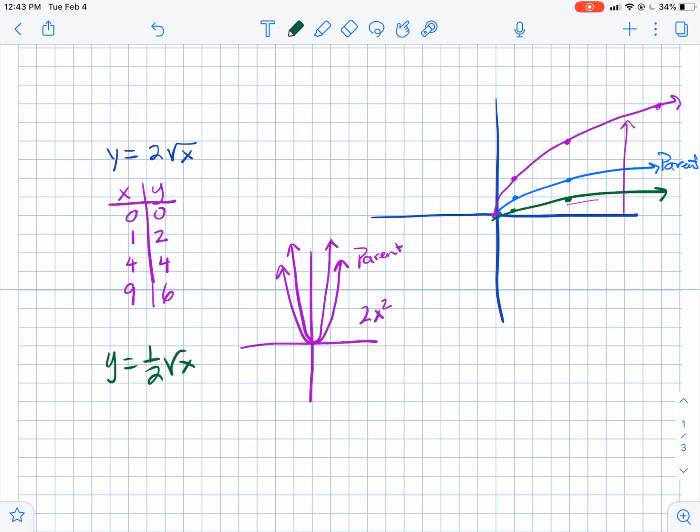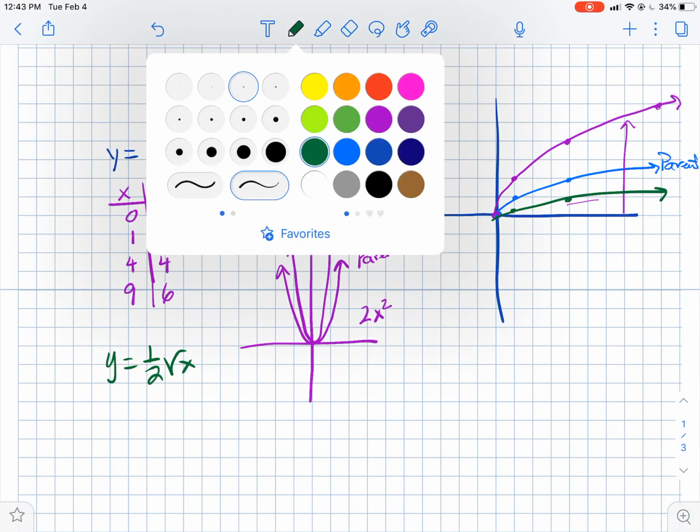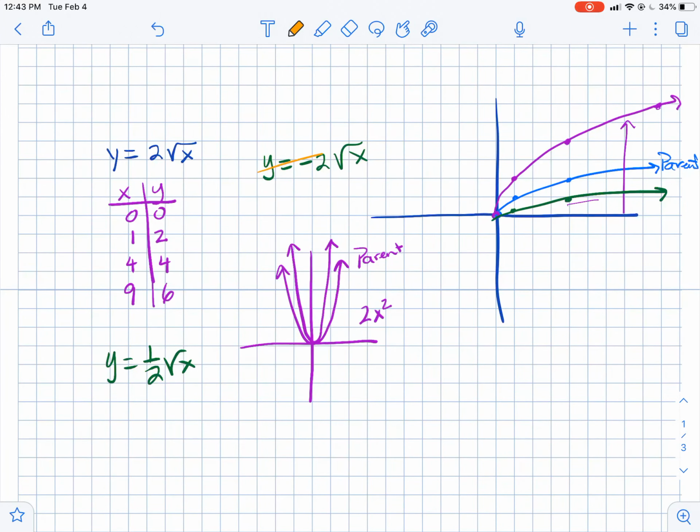Now, if the a is negative, 100%, y equals -2 square root of x is going to just flip that entire graph. Let me color code this again. Let's do this, y equals -2 square root of x. There, color coded, okay?